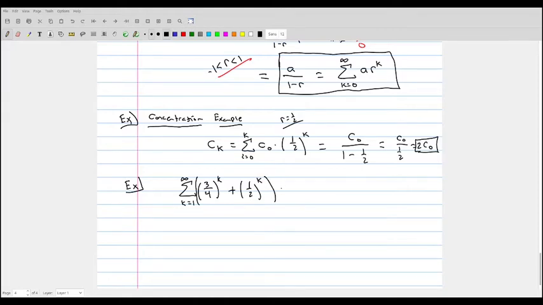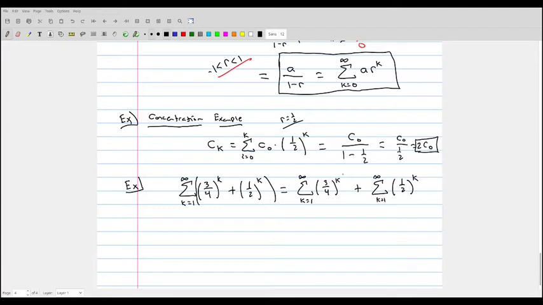Well, we note that if these are two convergent series, this is going to be the same thing as the sum from k equals 1 to infinity of 3/4 to the k plus the sum from k equals 1 to infinity of 1/2 to the k from our sum rule, if both of these are convergent.